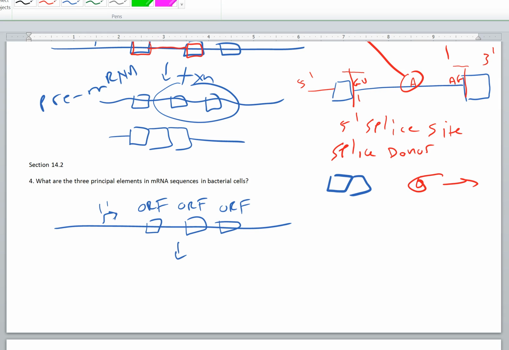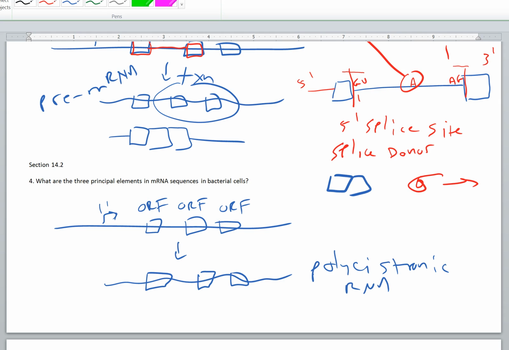And so when this gets transcribed, it gets transcribed into a polycistronic RNA. And the RNA is going to start right at the transcription start site.